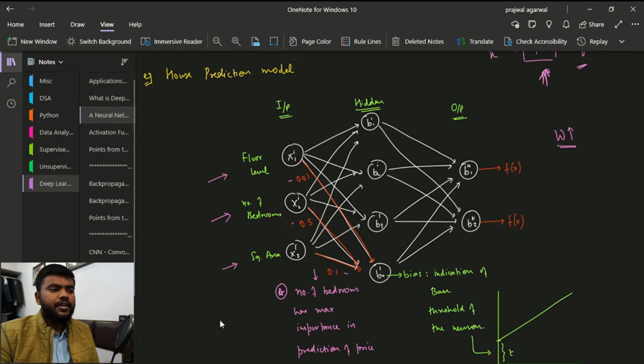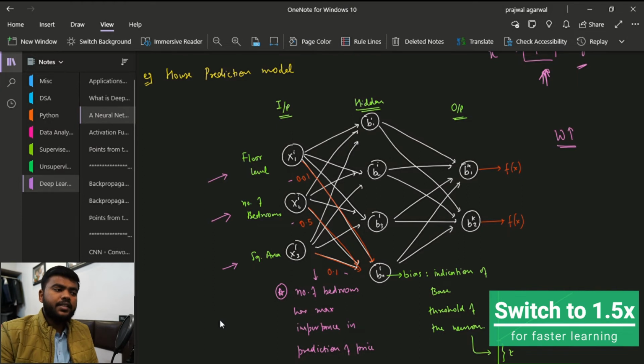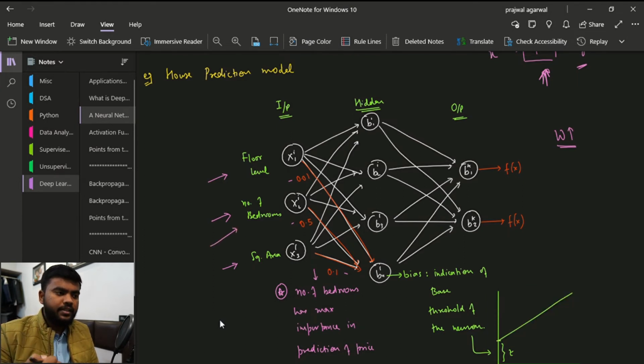So if I am saying the number of bedrooms has maximum weight among all the inputs, then I am trying to say that the number of bedrooms is one of the most important criteria for customers to decide if they want to buy a house or not, and which is actually true. A lot of houses are sold just on the basis of how many BHK they have.